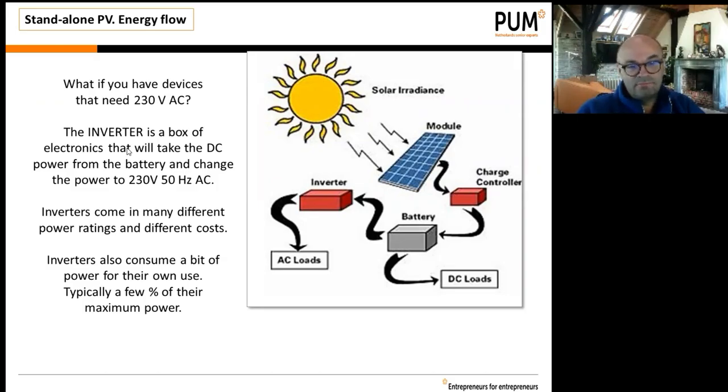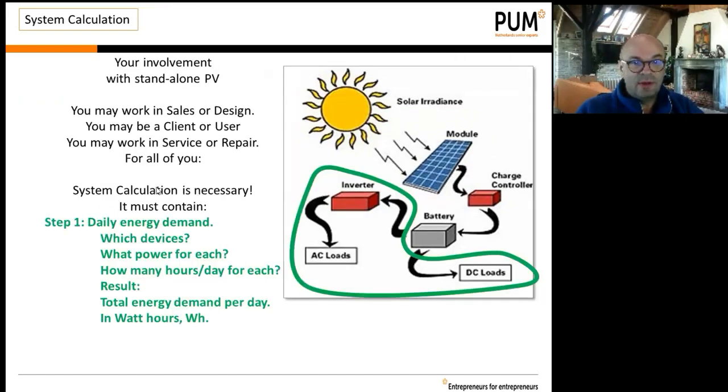Some are very good, with little loss, and very reliable, but there are also many cheap ones that are not very good. So it's important to choose the right inverter. And remember, you always lose a few percent up to 10% of the energy per inverter. It's converted into heat, which is not what you basically want.